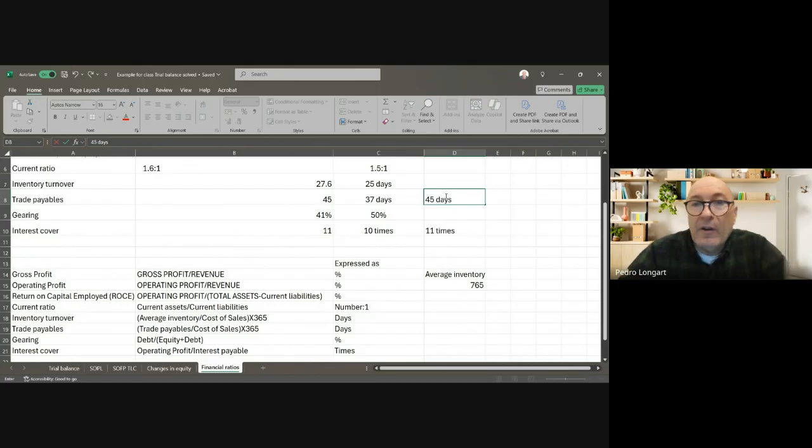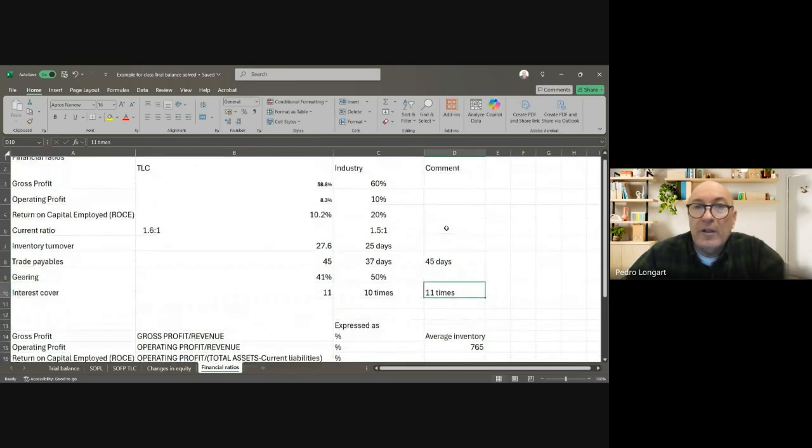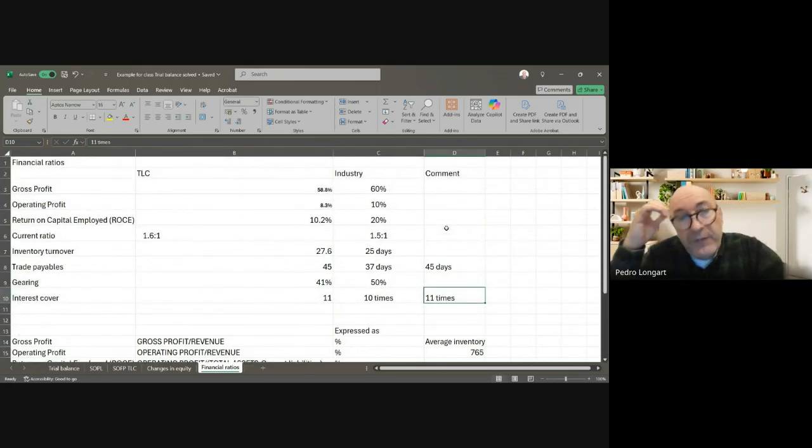Let's actually make a comment, okay? So you need to actually make a comment on that. 58.8 is less than the industry average, but I wouldn't be too concerned, it's very close to the industry average. So for the gross profit, the only thing you can say is you can reduce your cost of sales so that you can improve your gross profit.